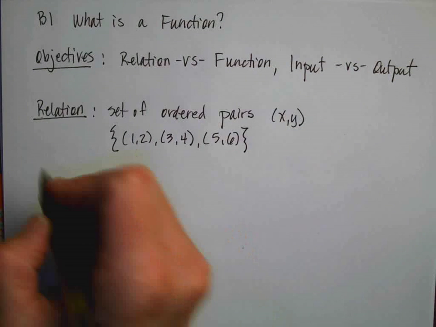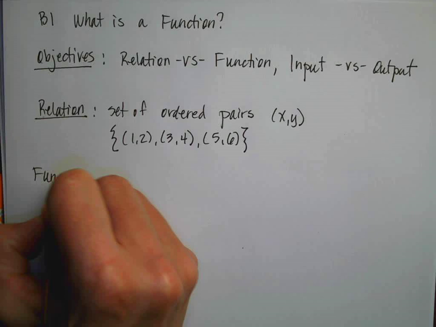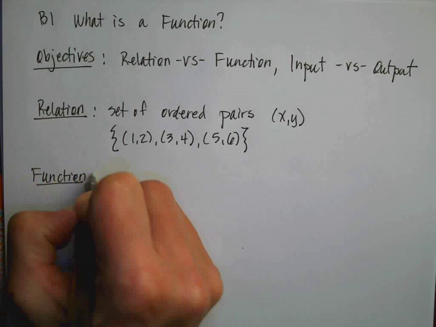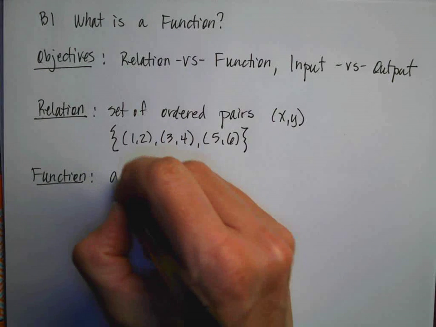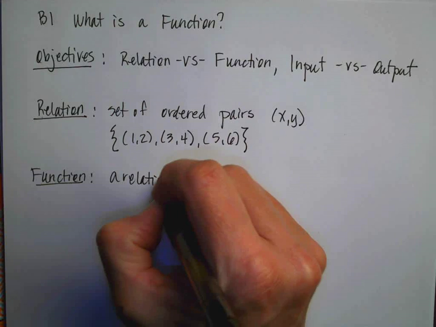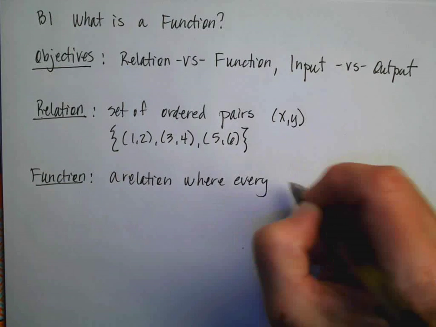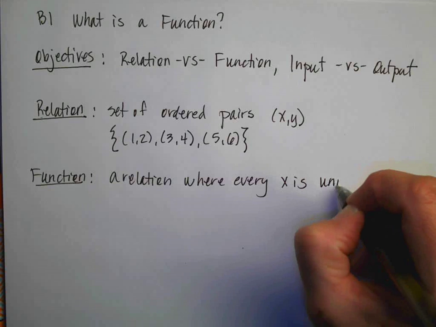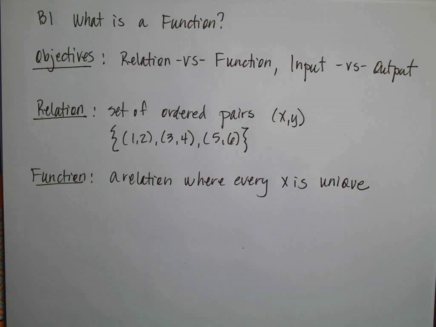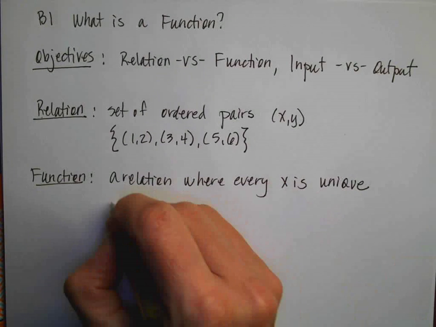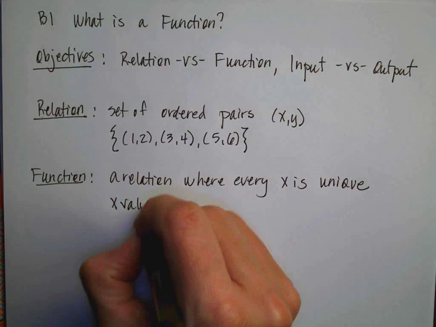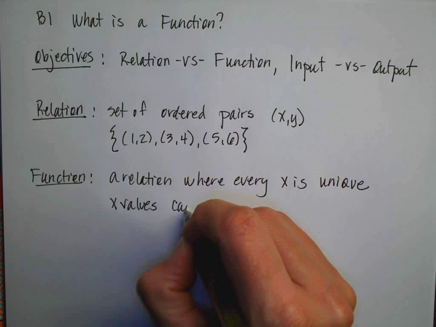x and y. A function is a special type of relation, and so it is a relation where every x is unique, meaning it is the only one of its kind. So it also means that x values can't repeat.